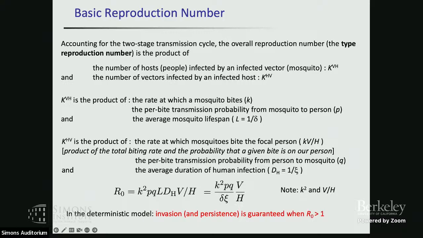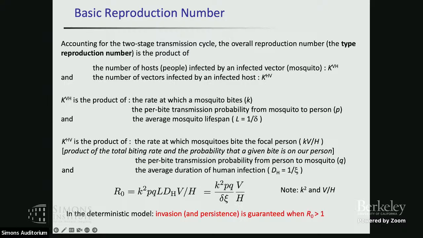And in turn, we have two components, the reproduction number for the two halves of the life cycle. And for each of those components, we just do the standard thing and multiply the transmission rate by the amount of time that you're in the infectious state. So from a mosquito to a person, we have to multiply the rate at which that mosquito is biting, the per bite transmission probability, and the average lifespan of the mosquito.